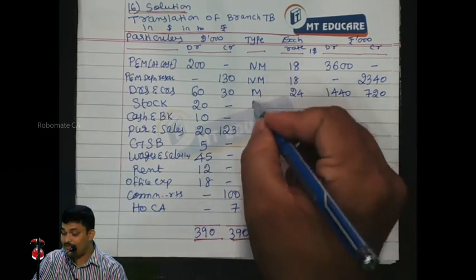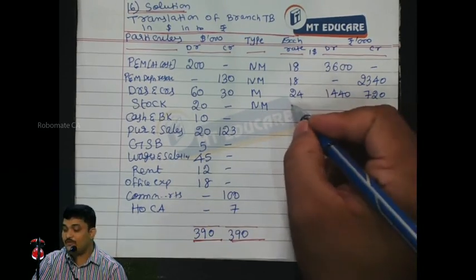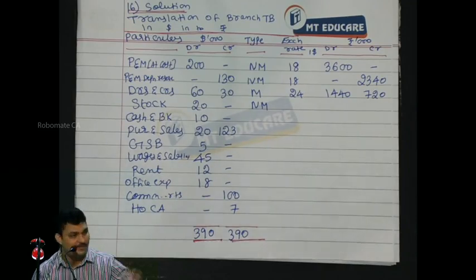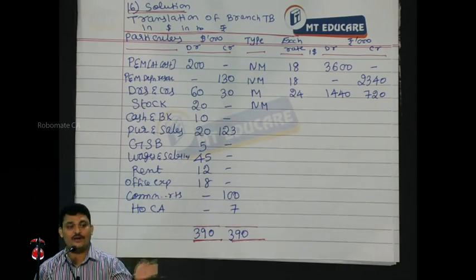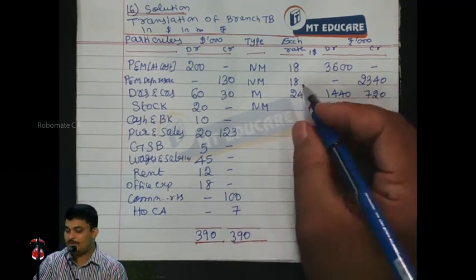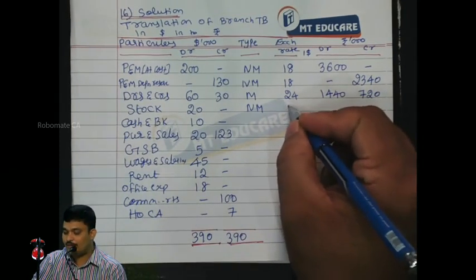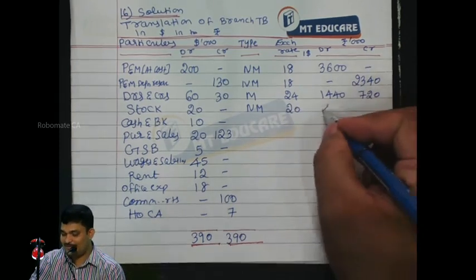Stock is non-monetary, and we use the opening rate, because it is opening stock. In our earlier discussion, I told you it was closing stock, so closing rate. Now here it is opening stock, non-monetary, so what rate? 20.